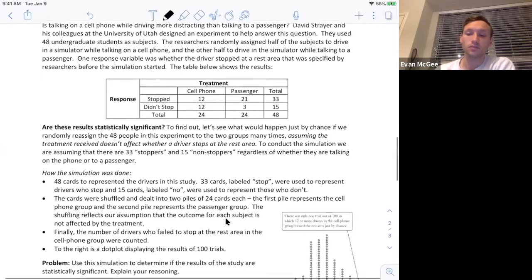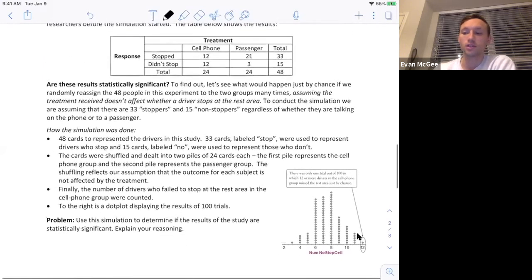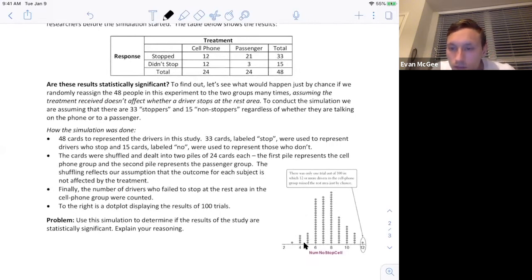So you can see at the bottom right here are 100 trials of this simulation. For instance, this dot right here would represent one simulation, after the cards were shuffled and put into their piles of 24, where it looks like 5 people did not stop at the rest area in the cell phone group.